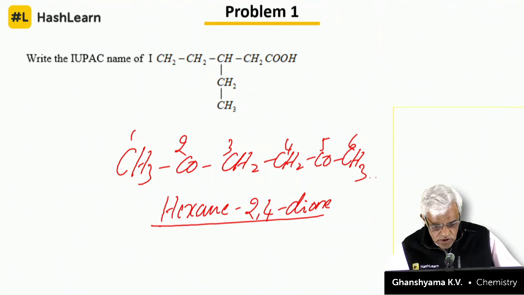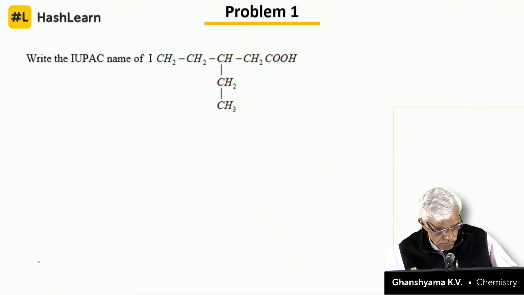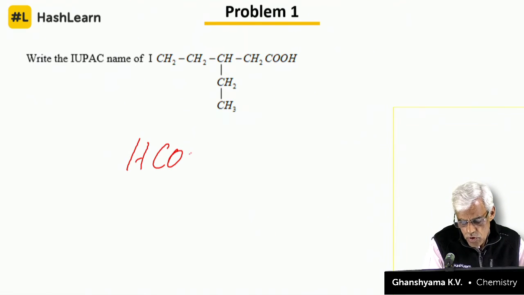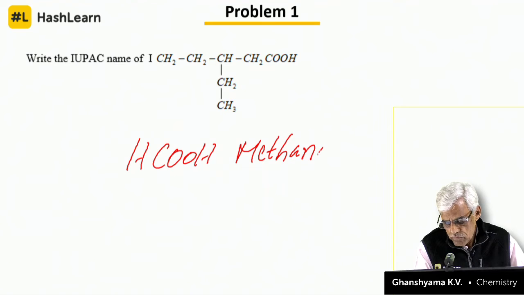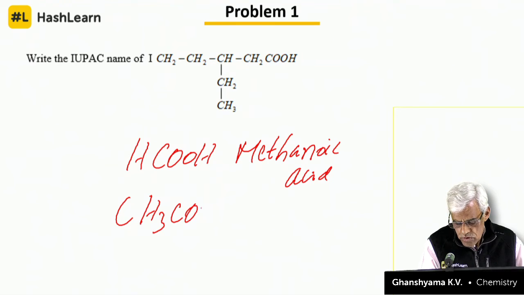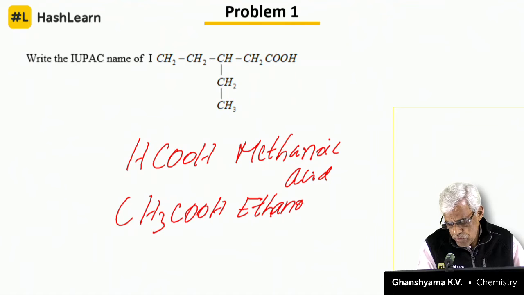Similarly, carboxylic acids. HCOOH will end with oic acid, therefore this is methanoic acid. CH3COOH is ethanoic acid.